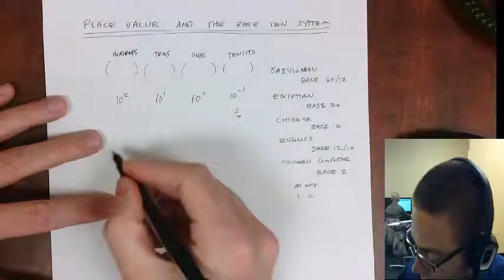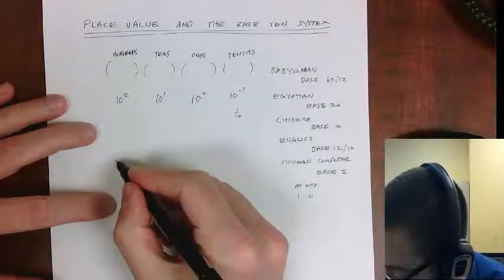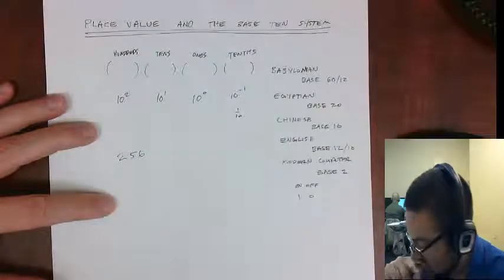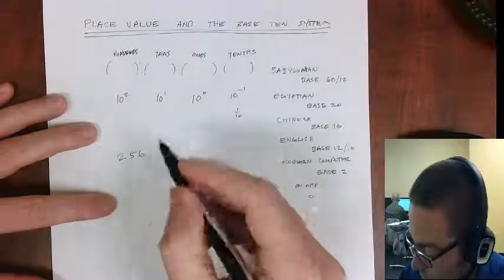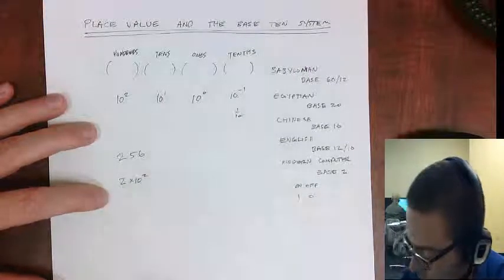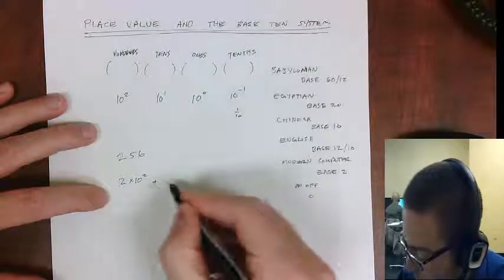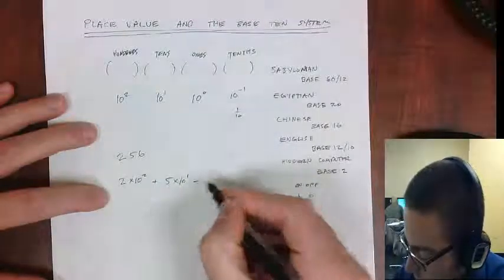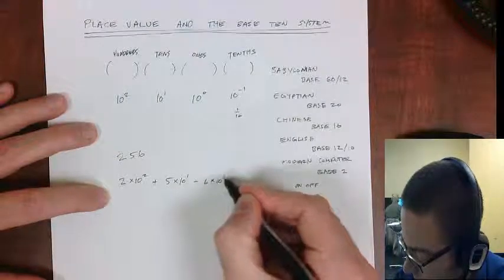So let me just give you an example. How about we have the number 256. Okay, so what does that break down to? Well, it's 2 times 10 squared plus 5 times 10 to the first plus 6 times 10 to the 0. Right?